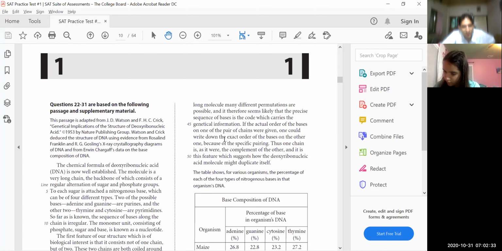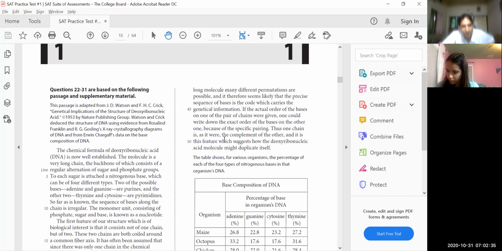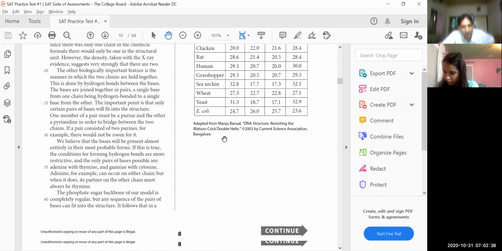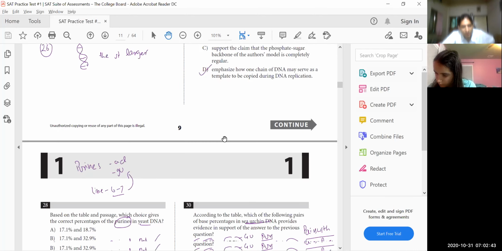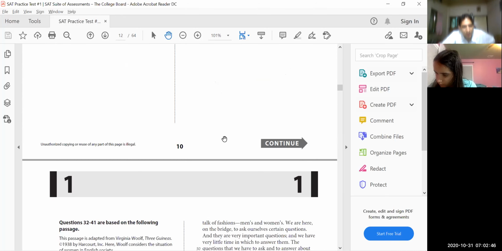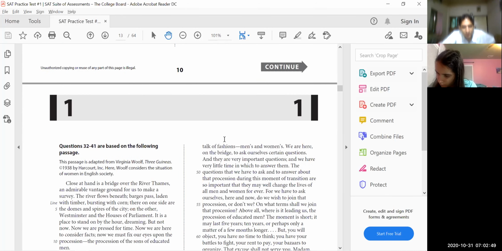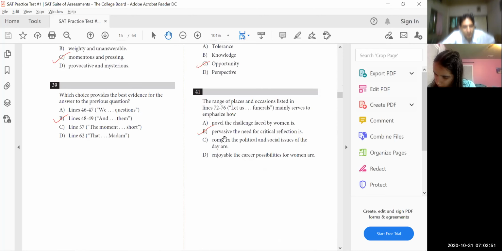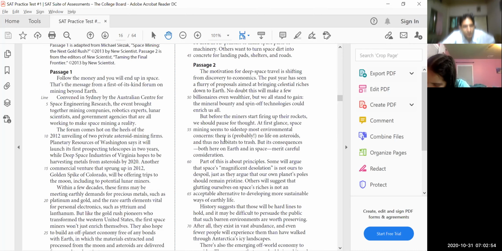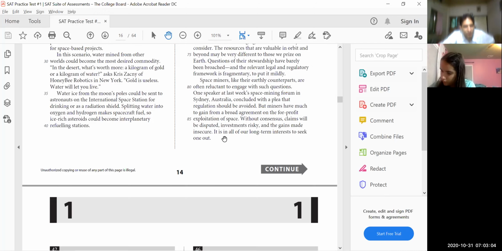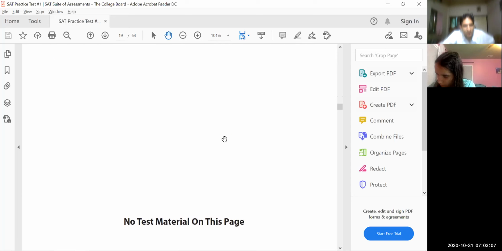This is a knowledge-based passage. No experimentation happening here. 22 to 31 from test 1. Then 42 to 52 also, although this is a different type of passage altogether. Oh no, don't do 42 to 52, leave that. So only this one. Then I'll tell you from test 3.